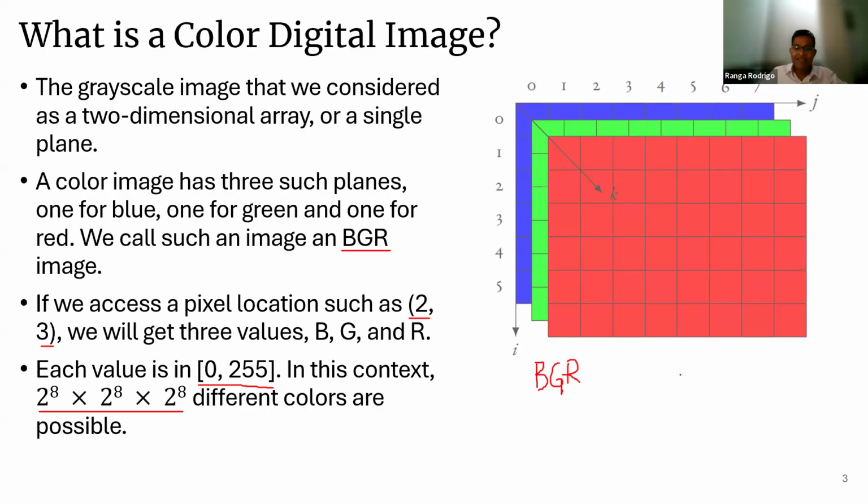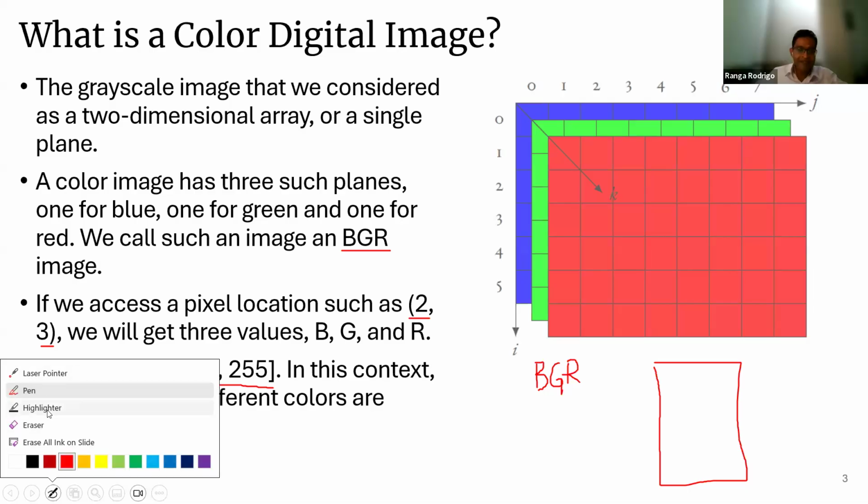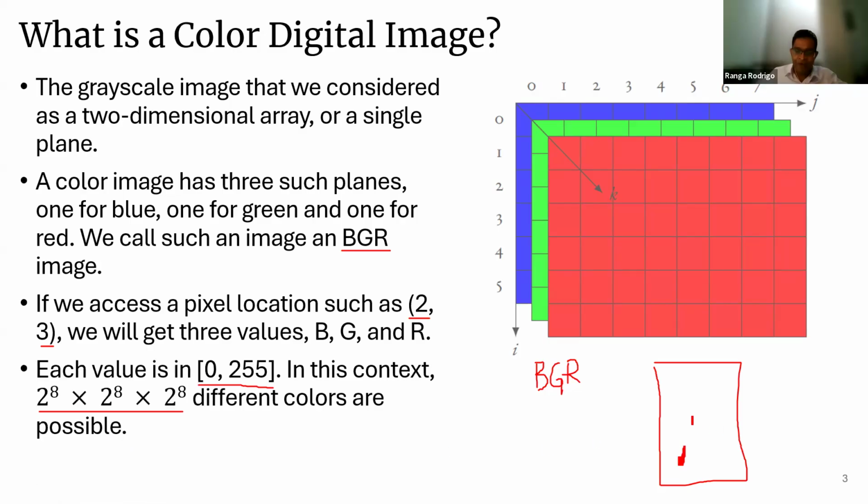In the art class, there's a piece of paper. Assume that there's an A4 sheet, a white sheet. What you do is you take a red pastel, and you draw a line like that. From the colors this sheet has, it has all three colors because it's a white sheet.